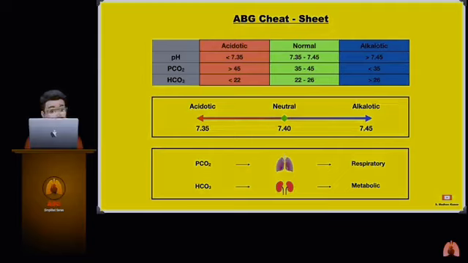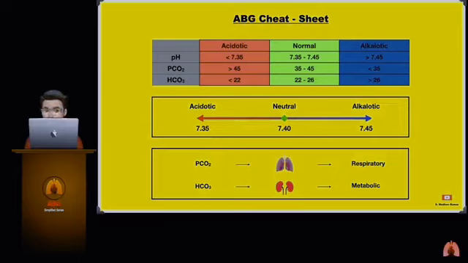For bicarbonate, the normal range is 22 to 26. Greater than 26 is considered alkalotic and less than 22 is considered acidotic. As you can see here, PCO2 represents respiratory, otherwise the lungs.